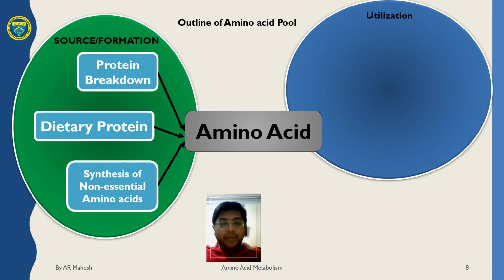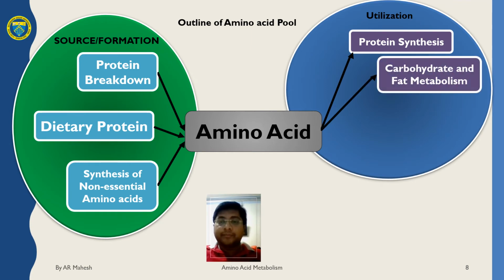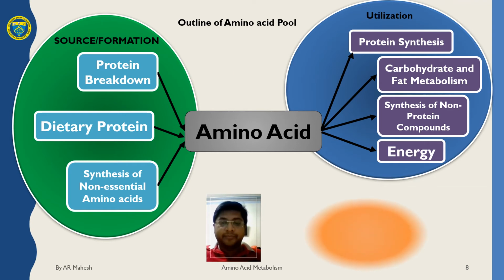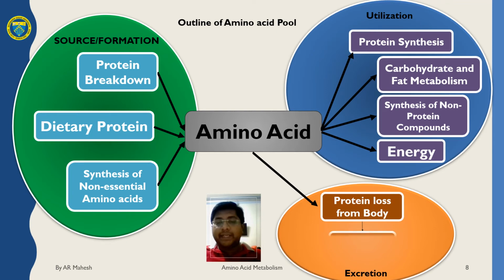The amino acid which enters into the body is utilized for protein synthesis. We know that amino acids are the building blocks of proteins. They are also used in carbohydrate and fatty acid metabolism, synthesis of non-protein compounds, and as a source of energy. Those amino acids which are not utilized, or which are broken down, are excreted out.